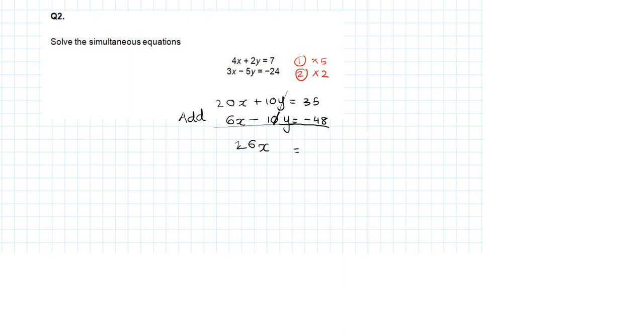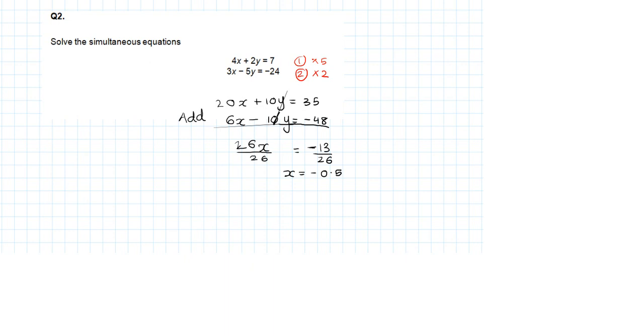Again, I'm going to choose one. So 4x plus 2y equals 7. 4 times minus 0.5 plus 2y equals 7.